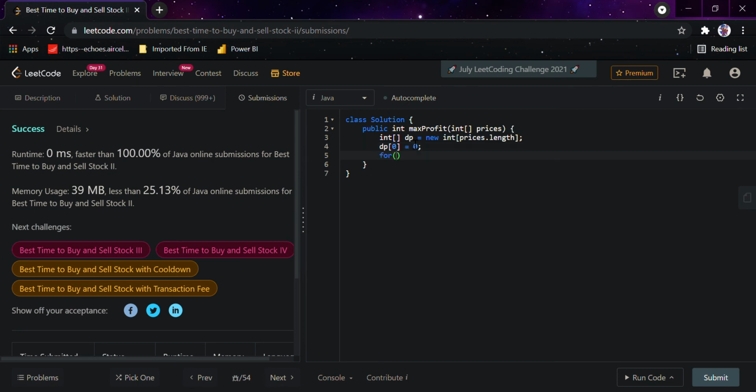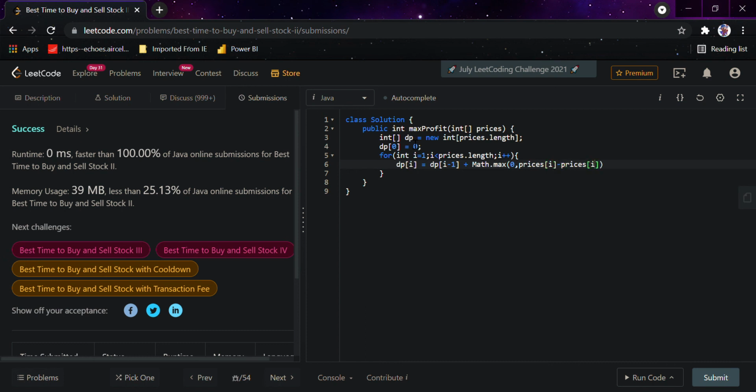Then we iterate throughout the array, starting from i equals 1, i less than prices.length, i plus plus. And dp[i] equals Math.max of dp[i minus 1], because we want to see the maximum value between both of them, and dp[i minus 1] plus prices[i] minus prices[i minus 1].